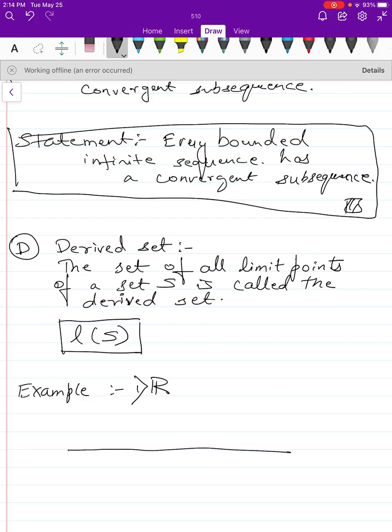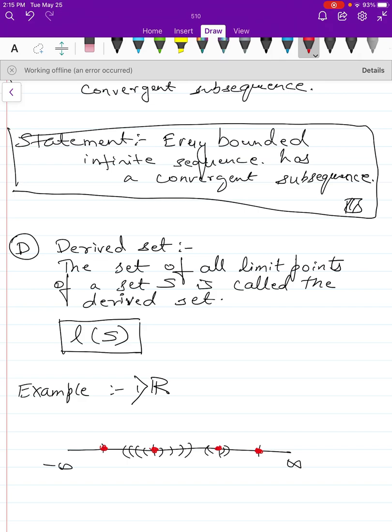For every point of R, every open interval containing that point, however small you try to draw it, will definitely contain at least one point of R other than that point.